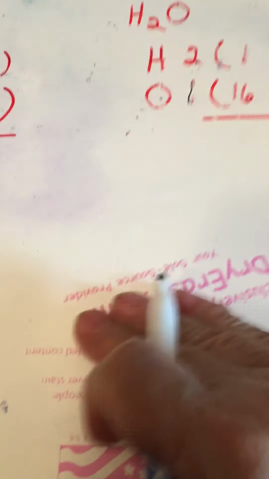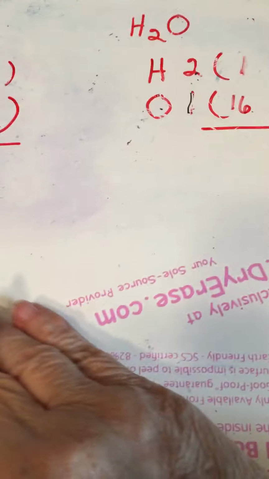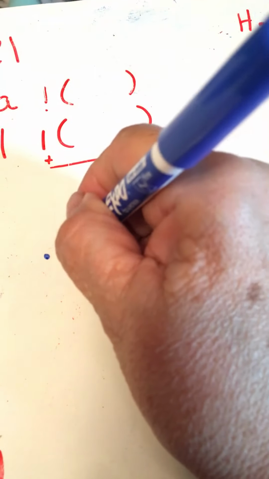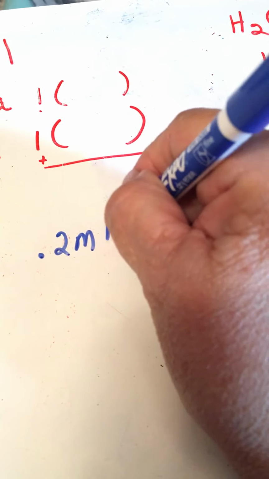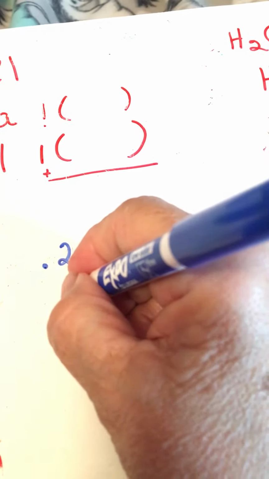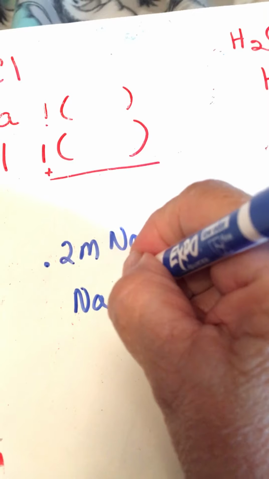All right. So how do I use this in a lab? Let's say I want 0.2 moles of NaCl. First thing I have to do is figure out the molar mass.